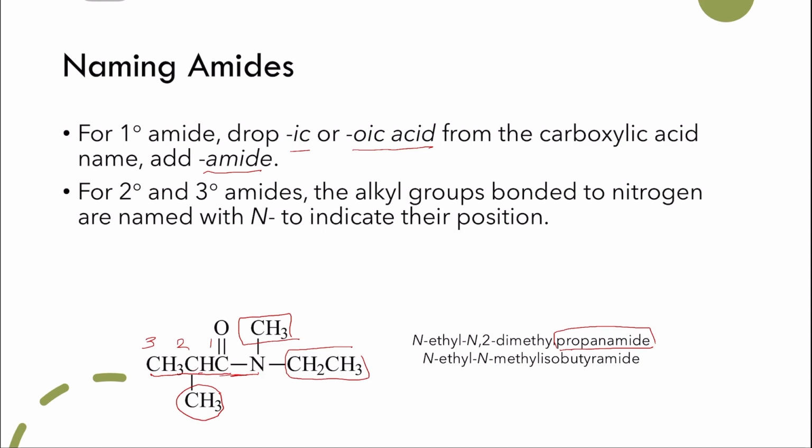For the substituent on the nitrogen, we have to put the letter N in front of it because we mean that the substituent is on the nitrogen of the amide group. So we call it N-ethyl, and then we have N-methyl. But again, for the carboxylic acid chain, we have a 2-methyl as well.